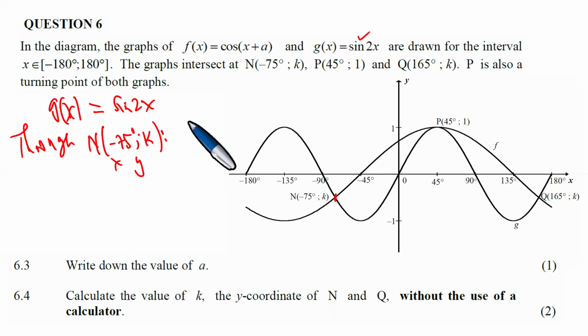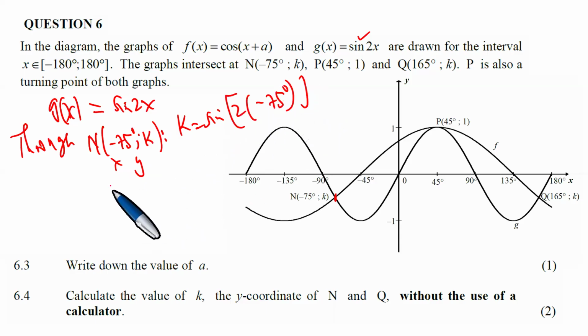So the y is k. The x is minus 75 degrees. So k is the sine of 2 times minus 75, which is minus 150 degrees.